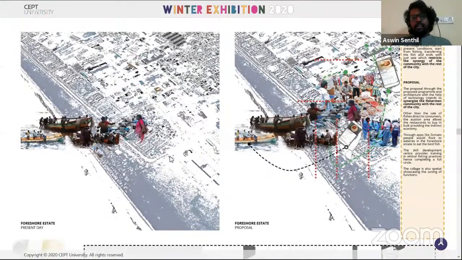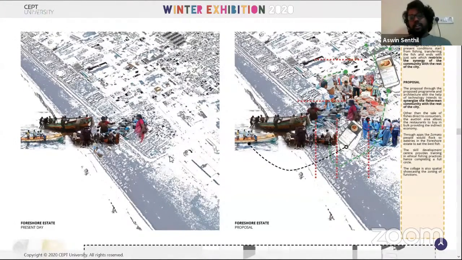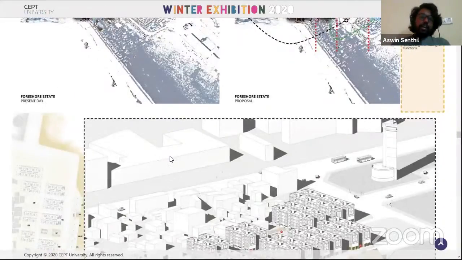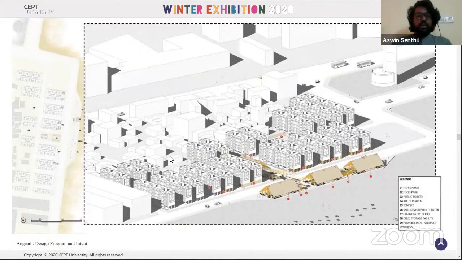These were the concerns: informal market conditions, sanitation issues, the lack of social and cultural spaces, and how the fishing practices could be more ethical. There were various proposals which came together holistically as one.